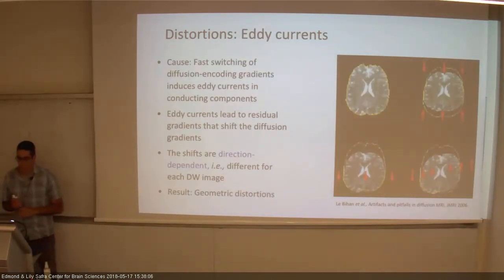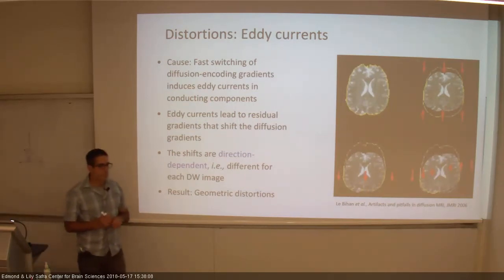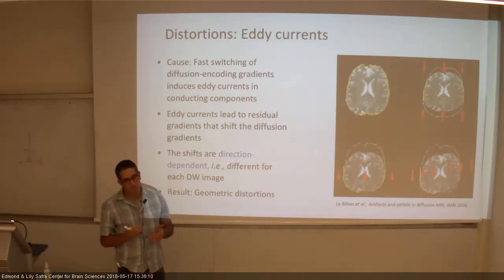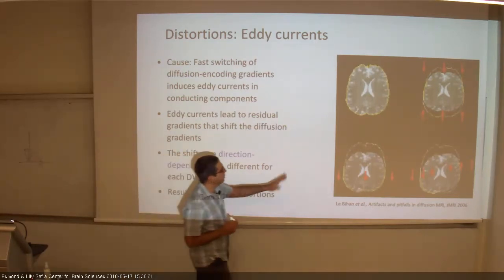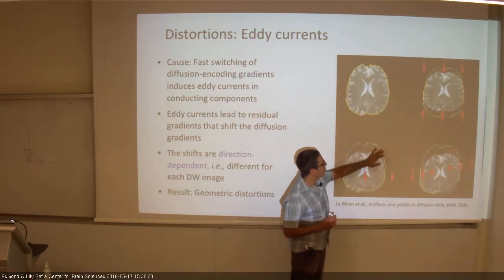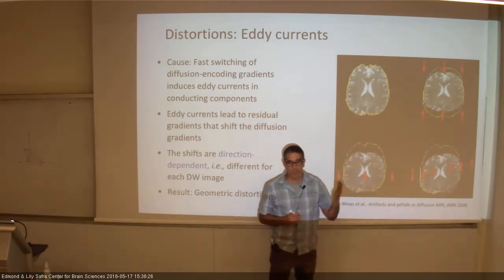The other thing that might happen is that because we're using these gradients, we're actually creating more echoes, called eddy currents. We're creating more currents or more echoes in the system than we actually thought there were. That shifts the image in space, or changes the diffusivity measurement.